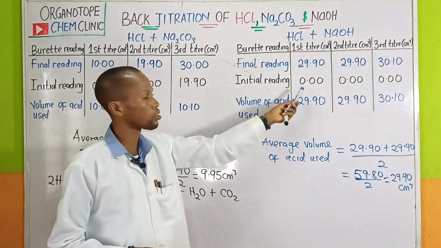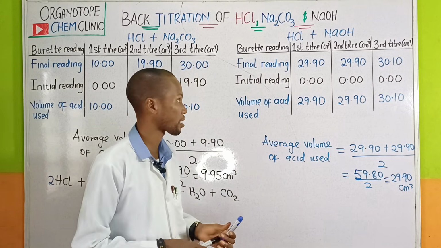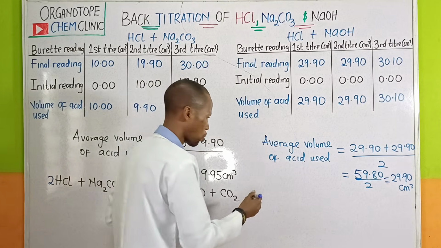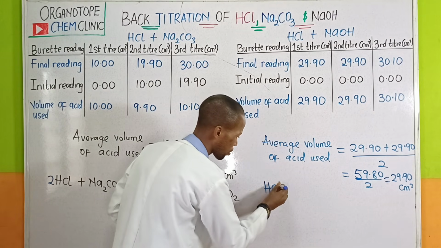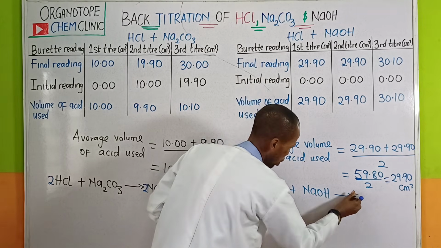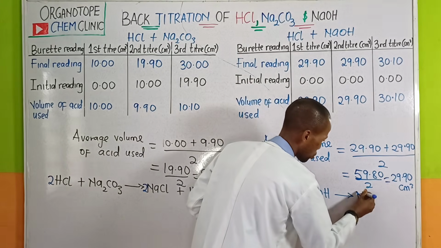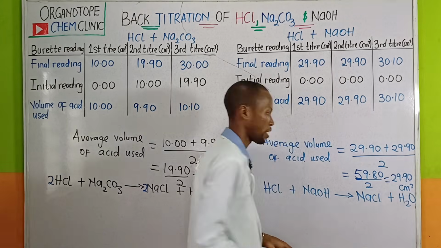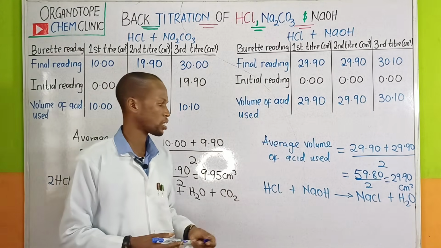Then I will move to the second titration reaction. We have hydrochloric acid with sodium hydroxide. When we have the reaction of hydrochloric acid with sodium hydroxide, it results in the formation of sodium chloride and water. So can we check if the equation is balanced?